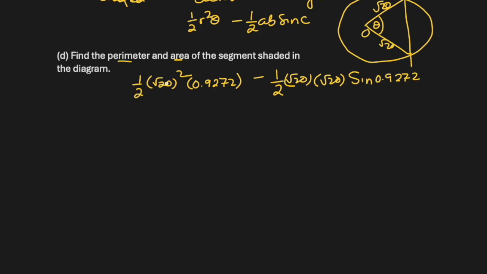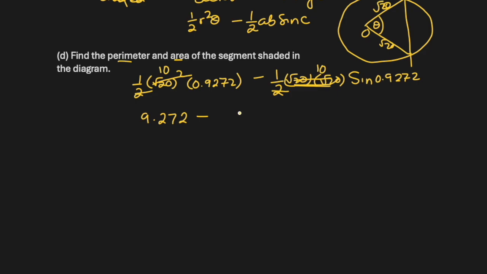So it will become complete 20. Can you see? 20 divided by 2 will be 10 times 0.9272 minus. This will also become 20, and that will be 10 sine 0.9272. So let me find 10 times 0.